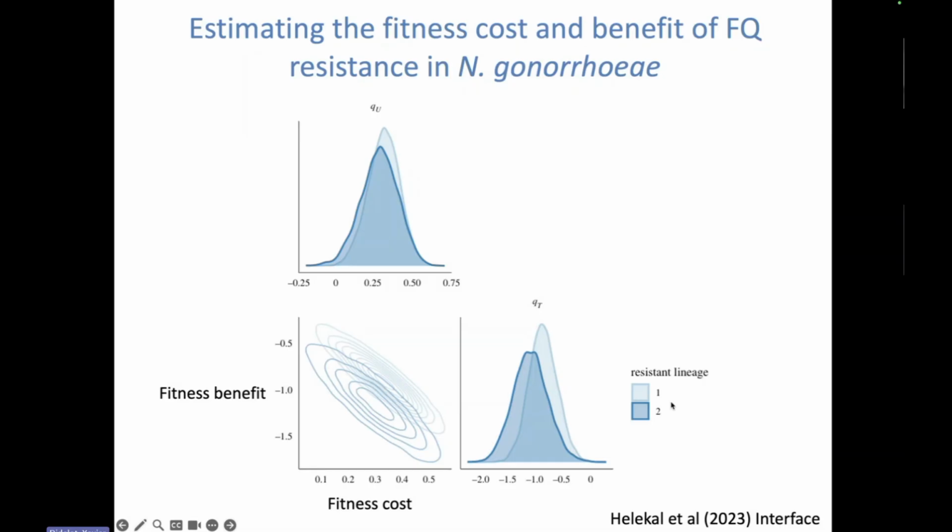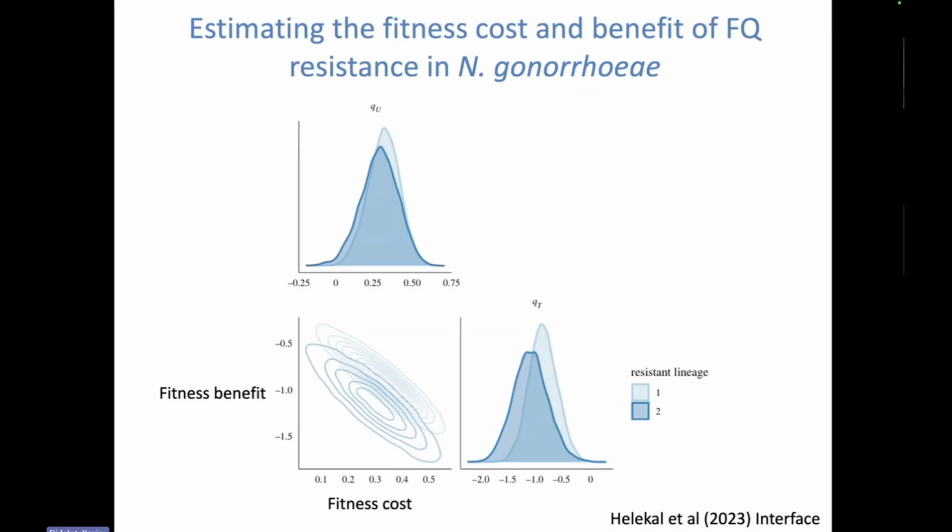We did that separately for each lineage, but we found that they have very similar profiles, with very similar values for the fitness benefit, maybe a slightly higher fitness benefit in resistant lineage 1, but it's not clear, and very similar fitness cost in both. Okay, so the two lineages have very, very similar profiles.